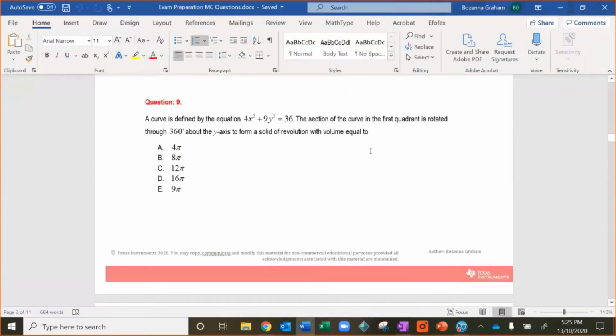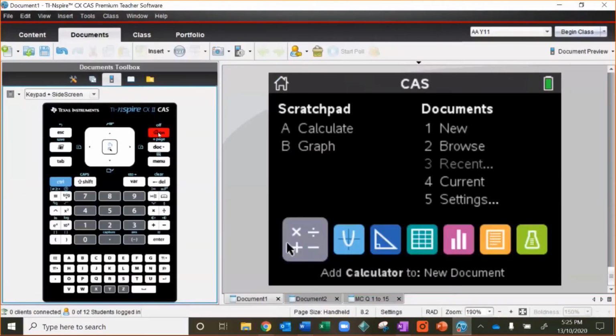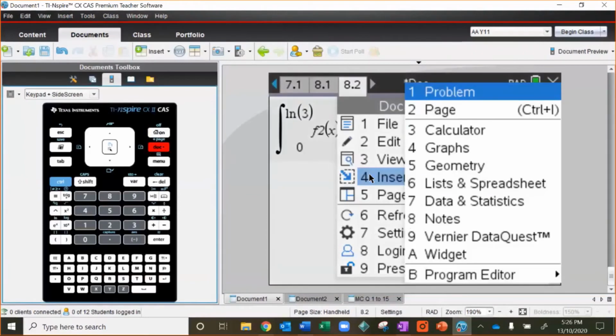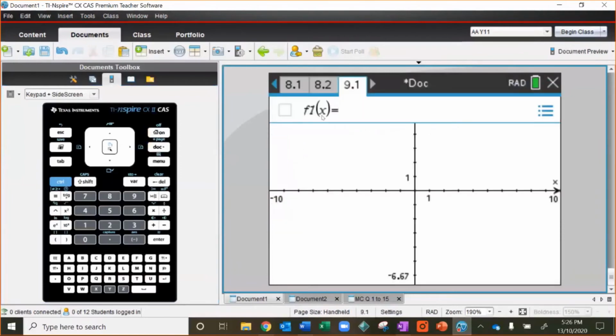Question 9 is about the volumes of solids of revolution. So we have 4x squared plus 9y squared is 36. The section of the curve in the first quadrant is rotated through 360 degrees about the y-axis. So let's see how this curve looks like. So we'll try a new problem and we'll use graphs.